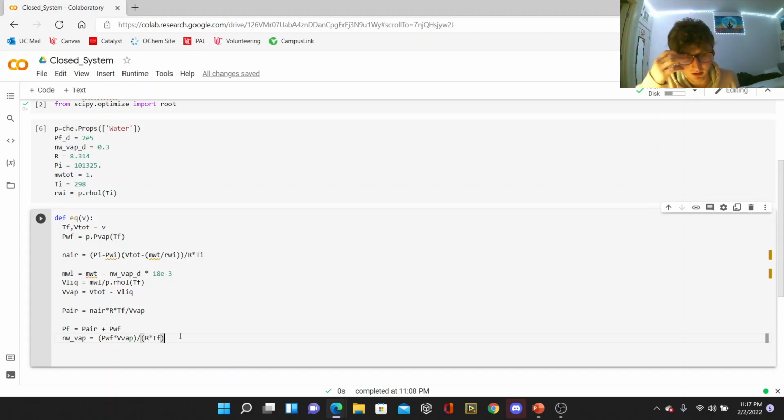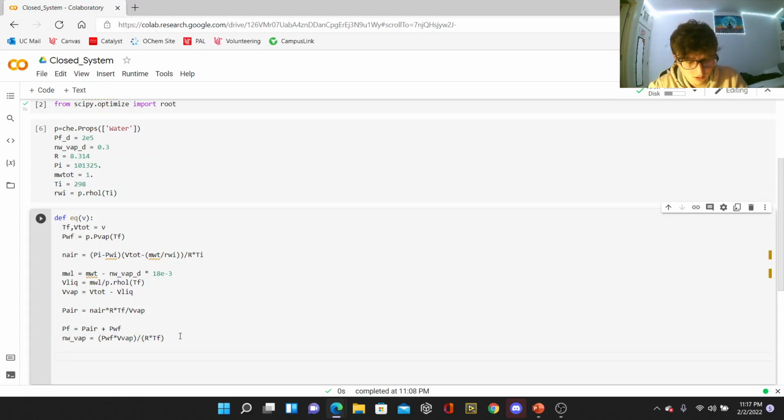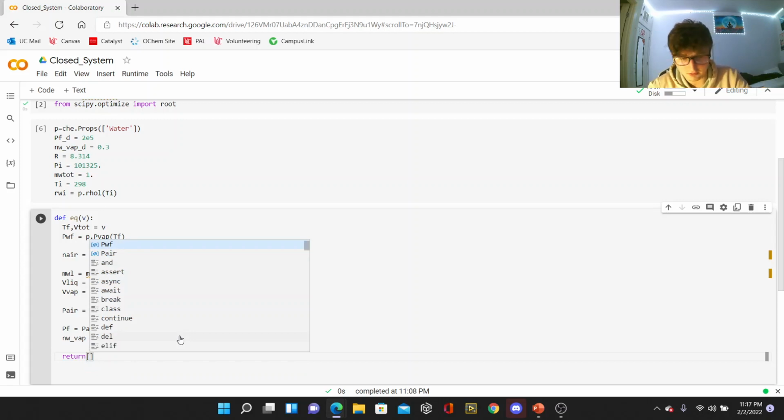Now what we need to do is get ready for the return function. And what the return function is going to do is return these values. Here, I'll explain it in the end. It'll be a lot easier. I just need to get this done with.